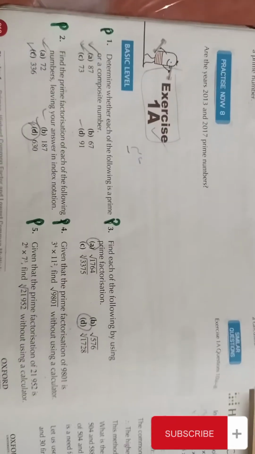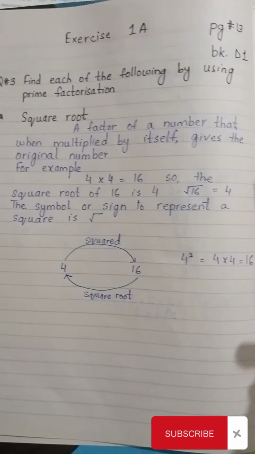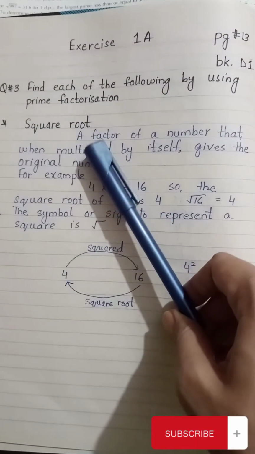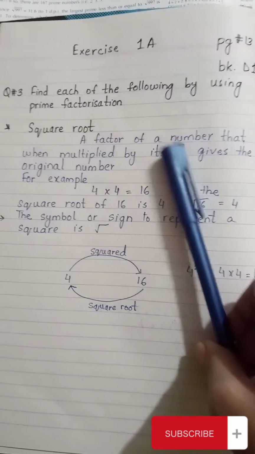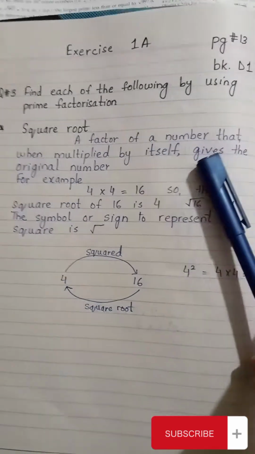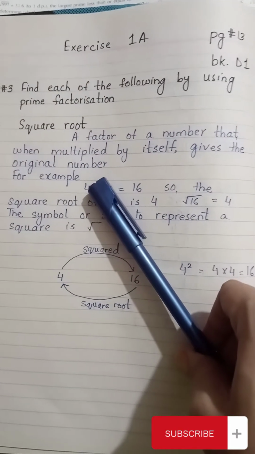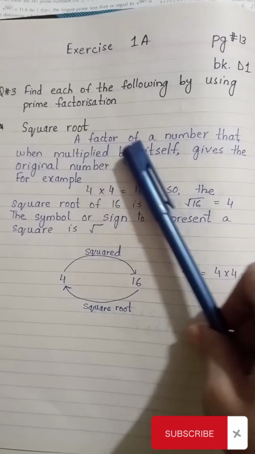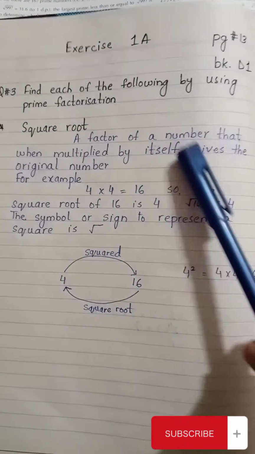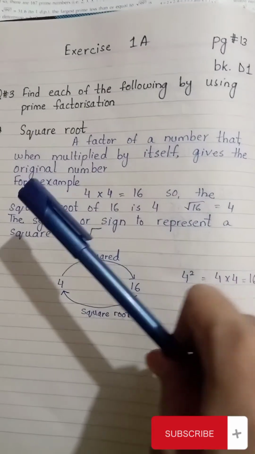First of all, I will explain what a square root is. A square root is a factor of a number that, when multiplied by itself, gives the original number.